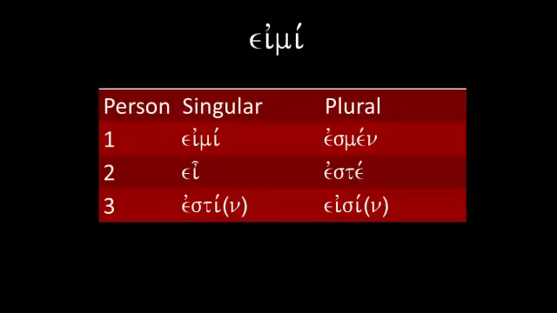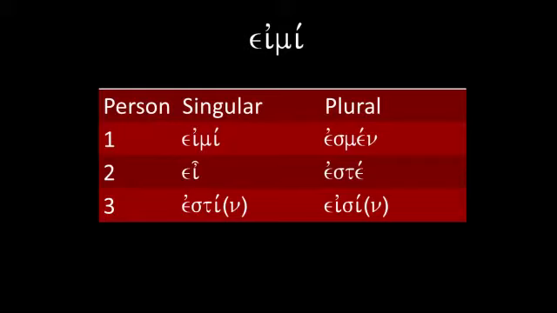There's another verb I want to introduce you to today called eimi. This is the being verb, the I am verb. As you might imagine, it's extremely frequent in the New Testament, so that means we're going to memorize it. Eimi, ei, esti. What is that on the third singular form? That's a movable nu.